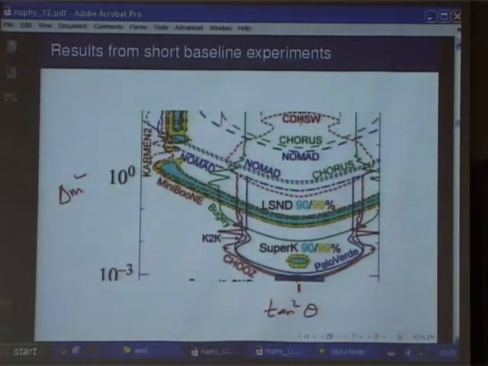So the shape is universal. What differs in these experiments is the value of L and E that they have. Depending on the value of E and L that they have, the sensitivity changes. So NOMAD, for example, can rule out a region which is above it. So NOMAD can say nothing about this region, whereas Chooz will say something about this region. It will say that the region to the right of this red line is ruled out.